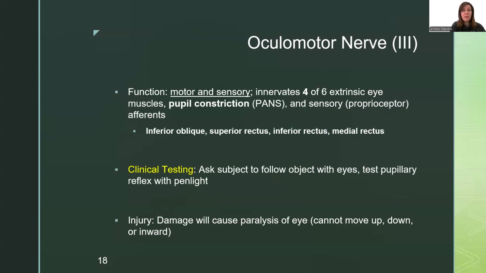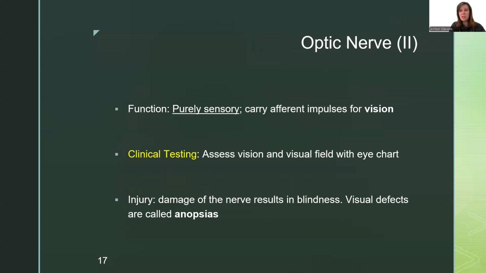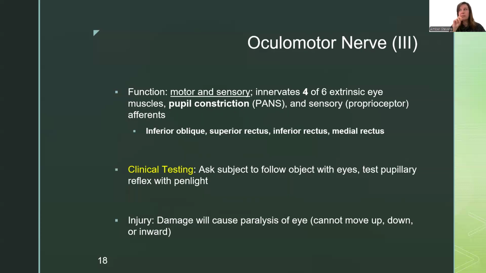All right, so the third one is the oculomotor nerve. So the function of this motor nerve is responsible for eye movement. So our eyes being able to look side to side, where your optic nerve is vision, right? What you see, not where you're looking. So the third one is actually where you're looking, moving the eye, okay?